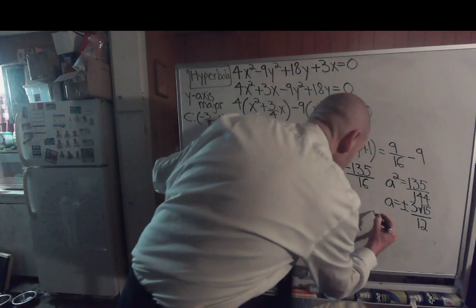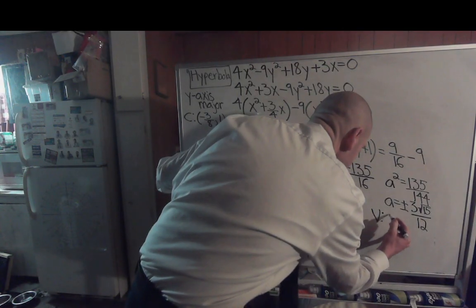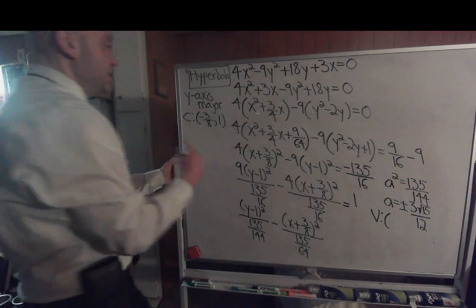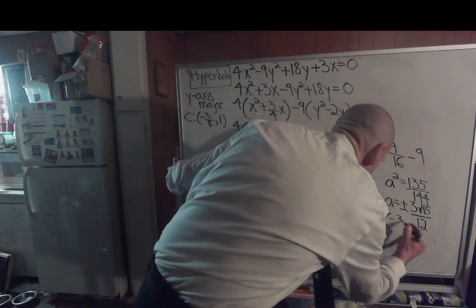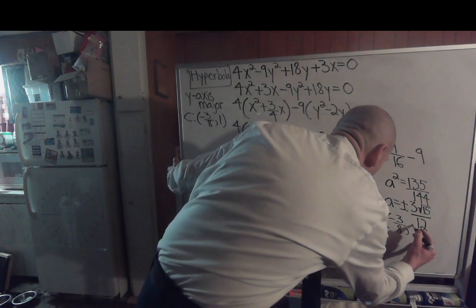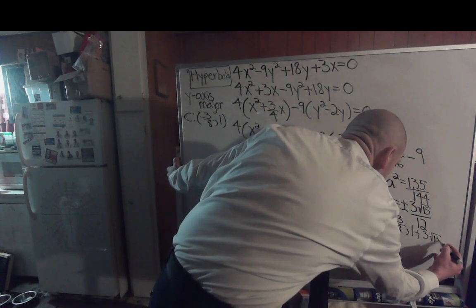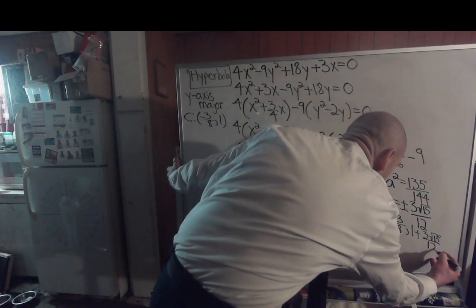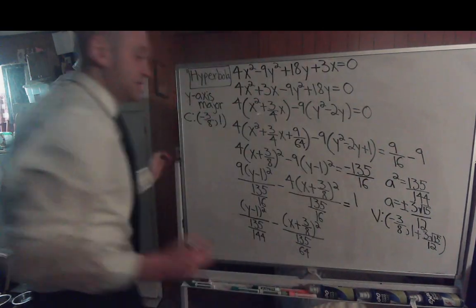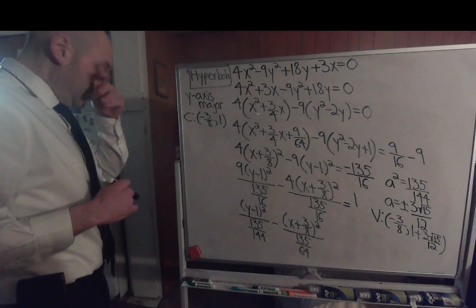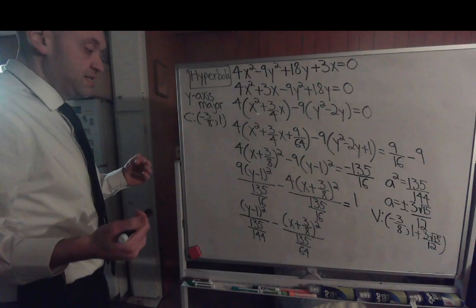So your vertices can be found at negative 3/8, and then 1 plus and minus 3 times the square root of 15 over 12. So very messy. And then last but not least, we're going to do your foci.